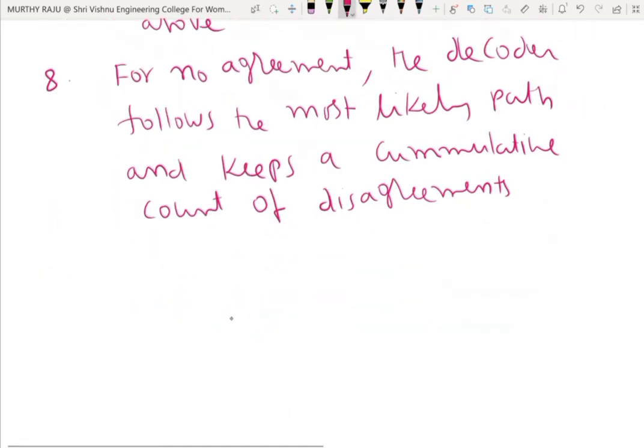This is the initial state. State A goes to state A and goes to B, 0 0, here 1 1. Let the received information be divided into code words of length n bits.